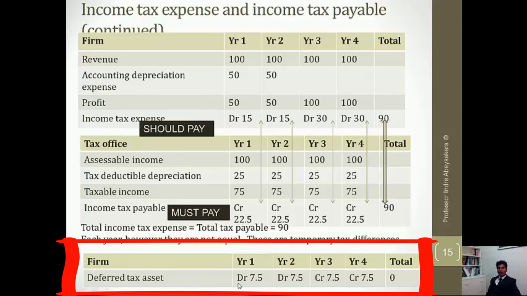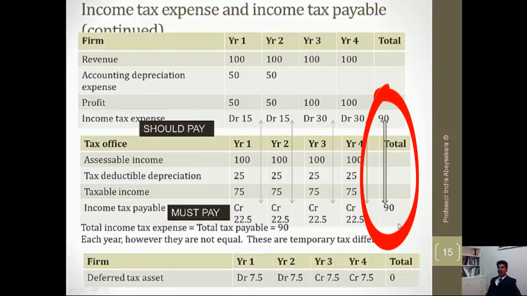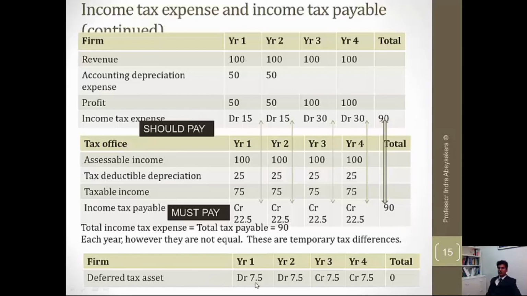And when we add them together on the deferred tax asset, it becomes zero. That account becomes zero, because the total tax payable and the total income tax expense are equal over all the years in total, and the deferred tax asset that arises from that over all the years becomes zero.